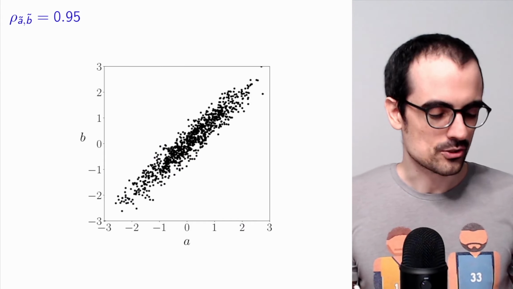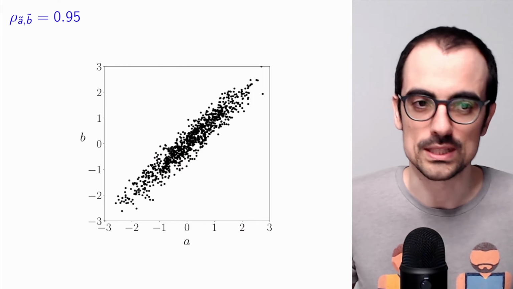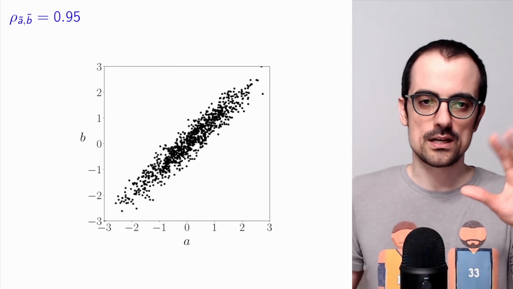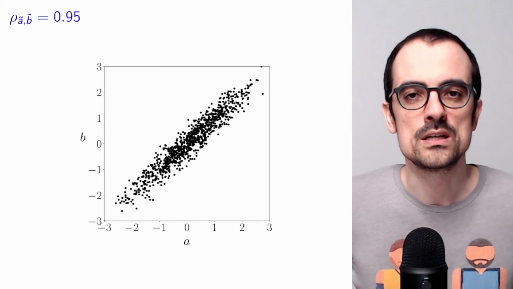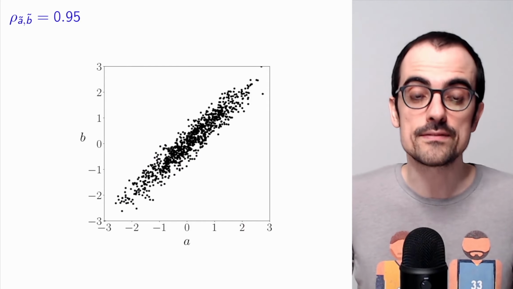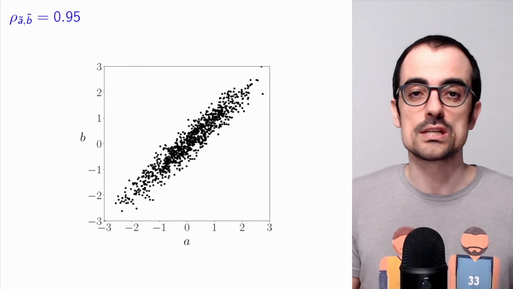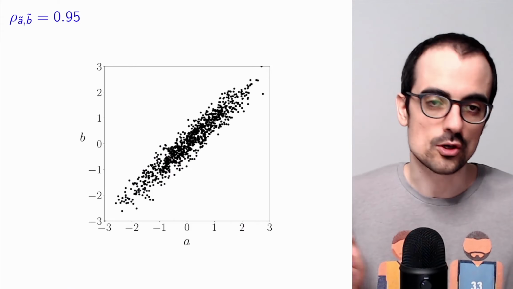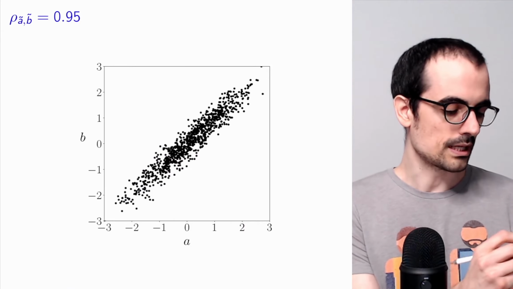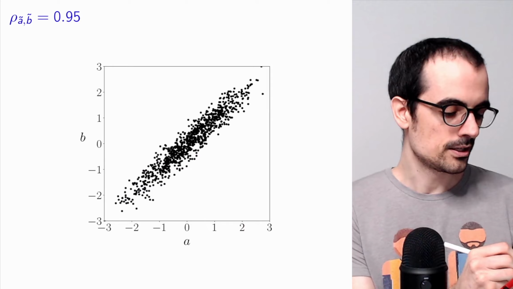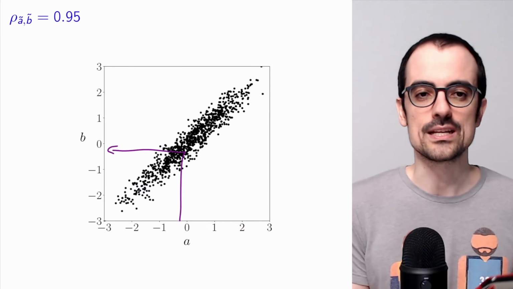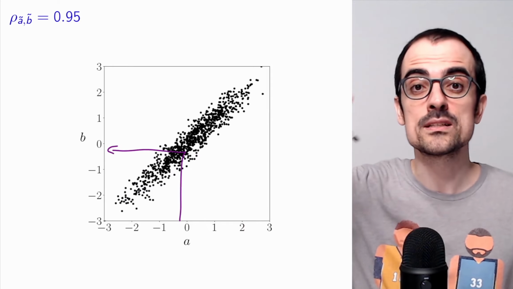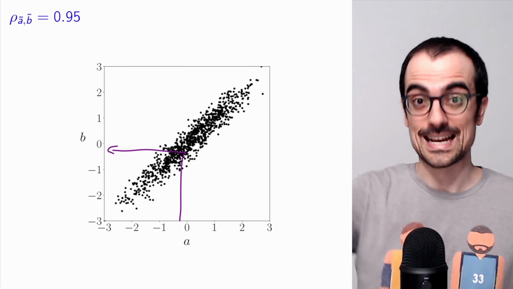All right. So I just want to visualize what I'm talking about. Here we have samples from two random variables that have a correlation coefficient of 0.95. We see that there's a pretty strong linear dependence, but it's definitely not complete, right? It's not true that for every value of A, you can just map it to a value of B through a linear function. If that were to happen, then the points would lie on a line.